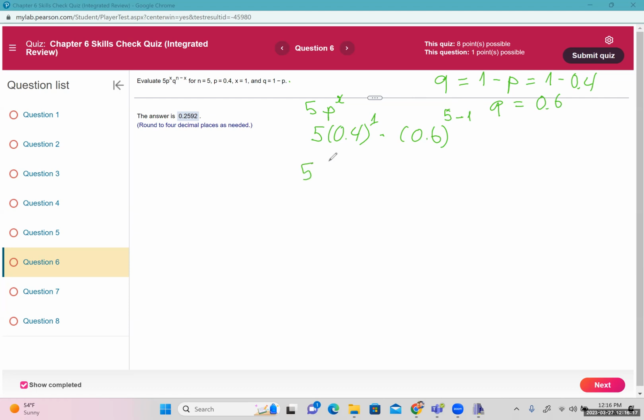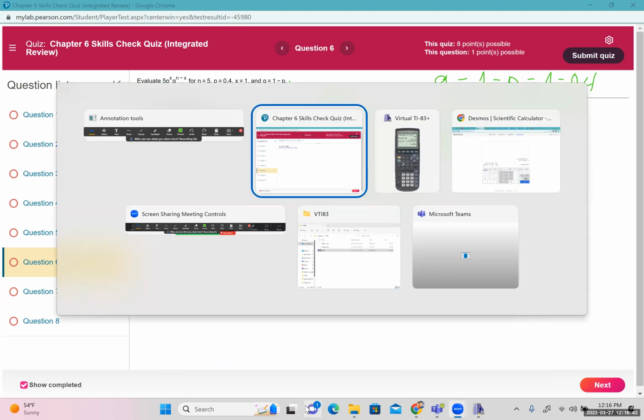I simplify one more time. I have 5 times 0.4 to the power 1 is 0.4, so I don't need to rewrite the 1 there. And multiply it by 0.6 raised to the power 4, right? Now we can use a calculator to handle this, or decimals, that's fine, either way. Let me use decimals in this.